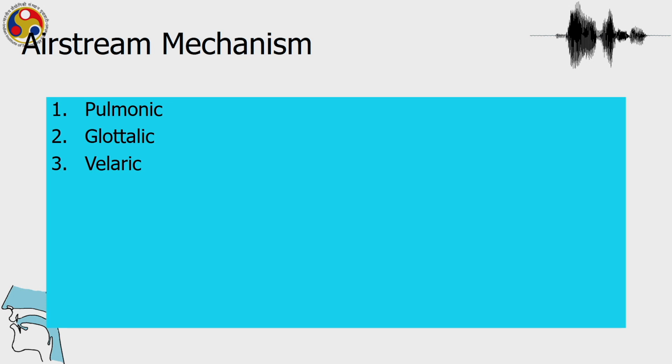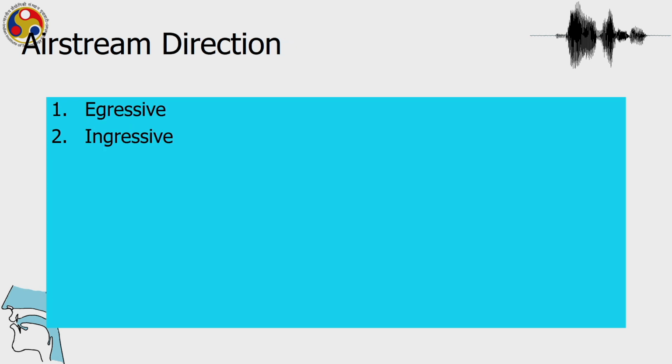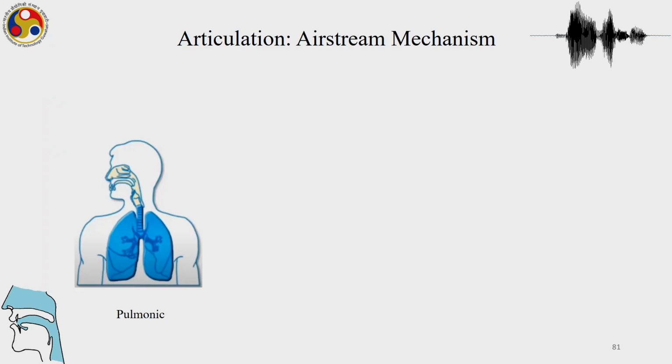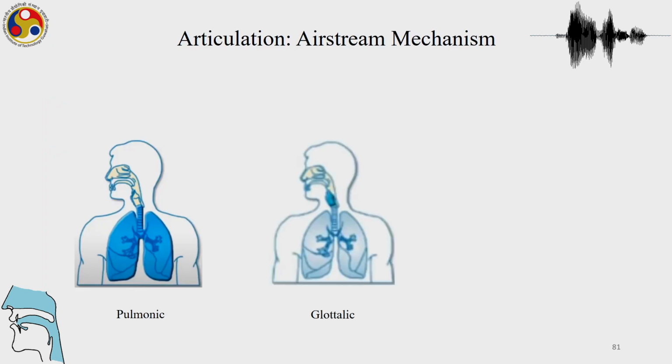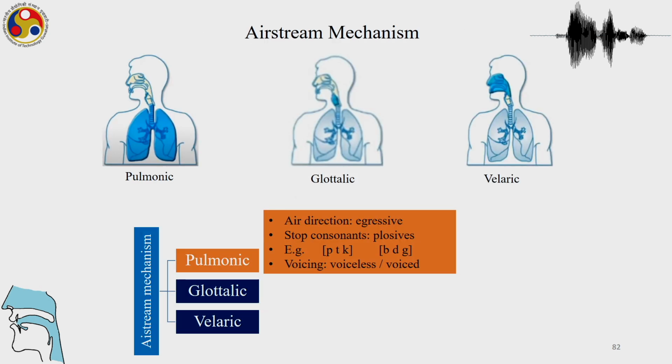So we have to remember that the pulmonic egressive is the most commonly used airstream mechanism, and almost all sounds that we produce are the result of it. So here is our pulmonic egressive, and then we have the glottalic and we have the velaric.